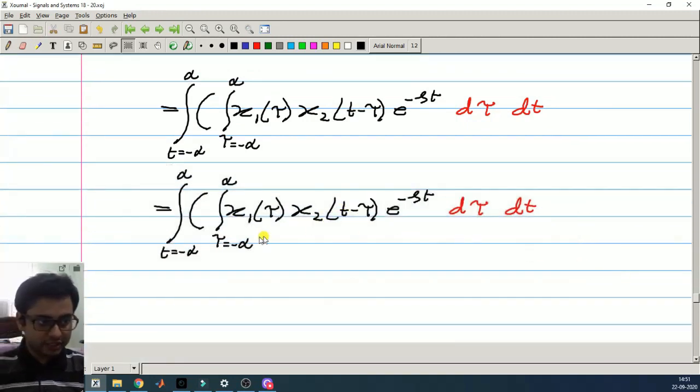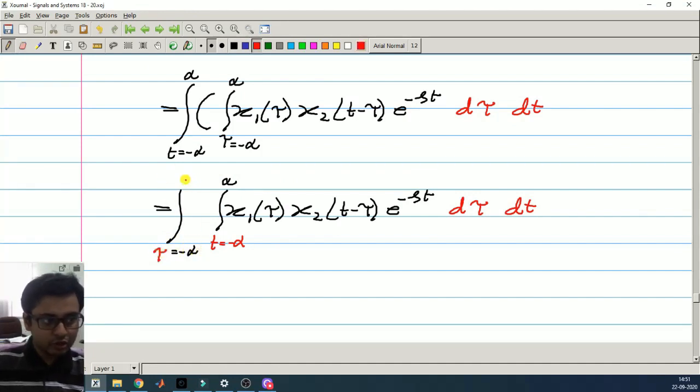Let me do it this way. First over t from minus to plus infinity, and then over tau from minus to plus infinity. Here again dt will come before d tau.